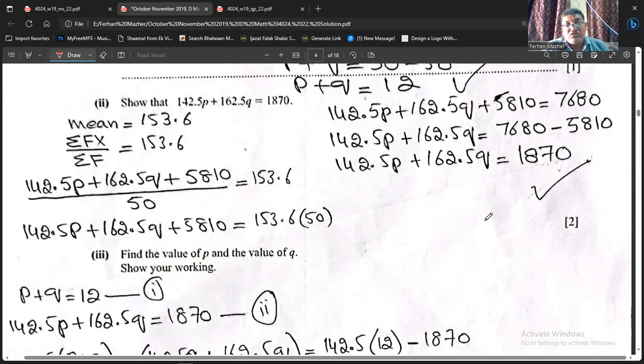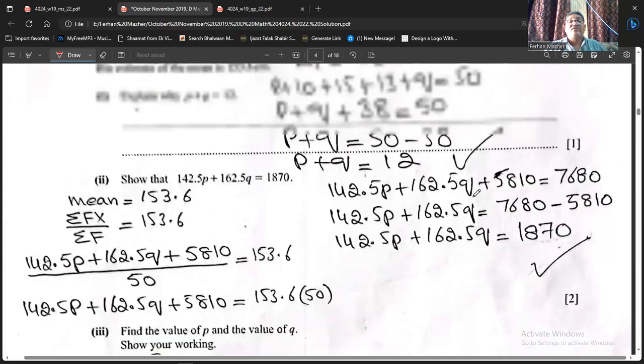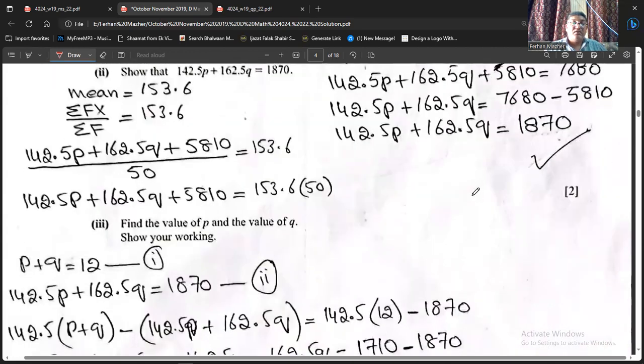So 142.5p plus 162.5q plus 5810 equals 153.6 multiplied by 50, and that will become 7680. So you will have 142.5p plus 162.5q equals 7680 minus 5810. So you will have 142.5p plus 162.5q equals 1870.